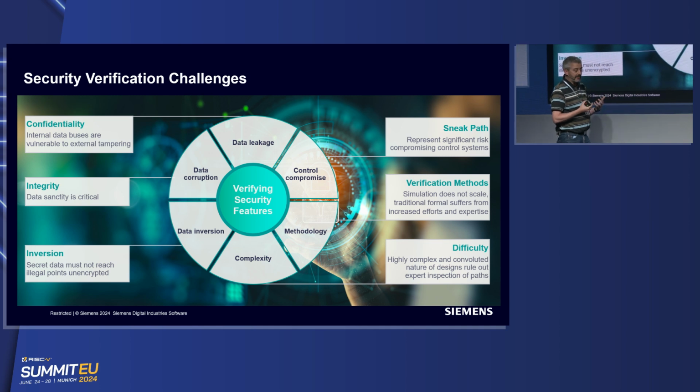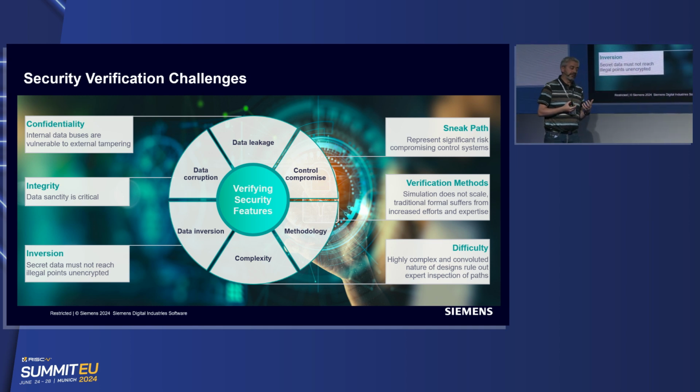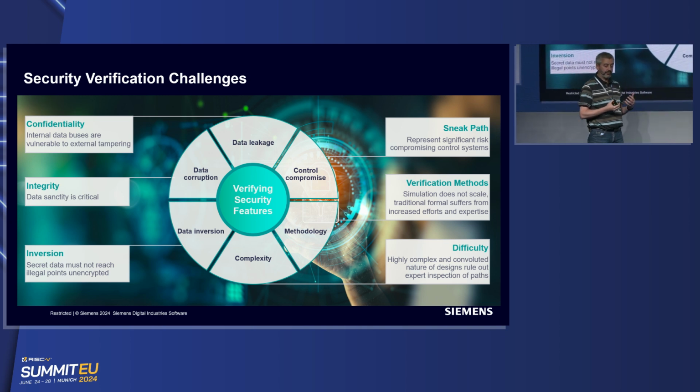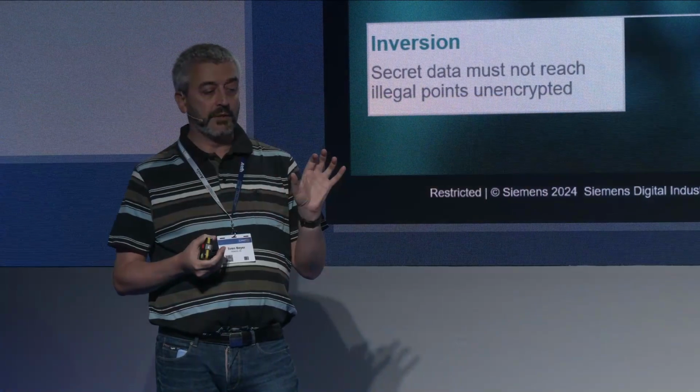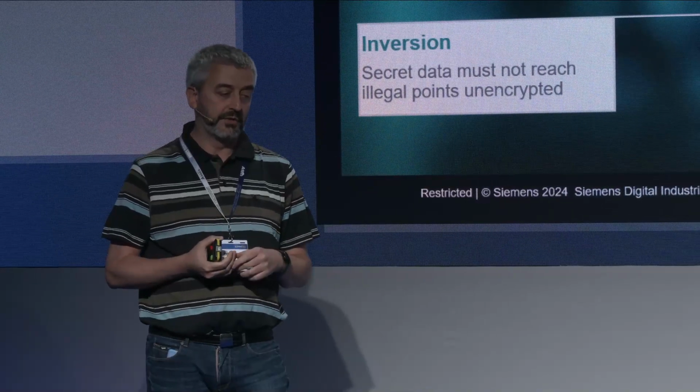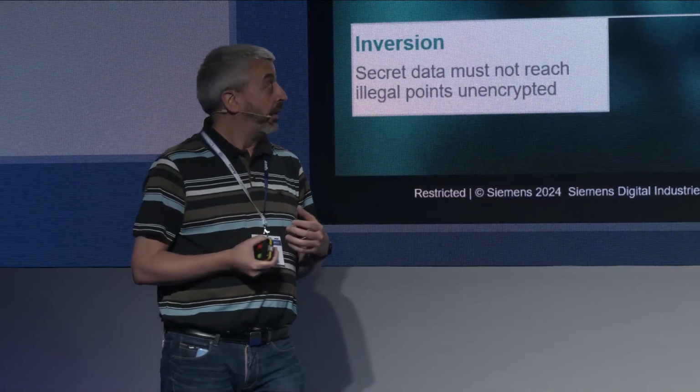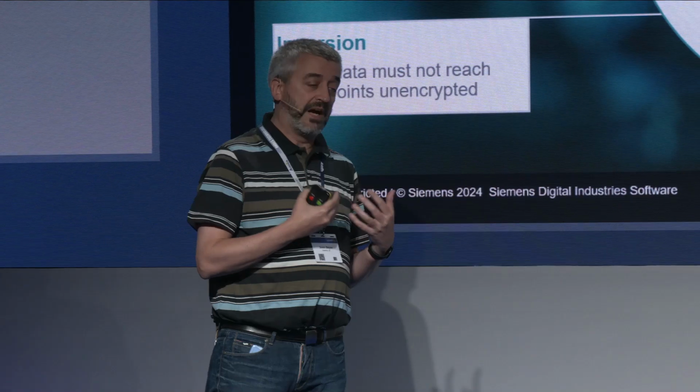And in the same area as data leakage is data inversion. Some outputs that are encrypted will contain some part of the key, but the attacker will not be able to reconstruct the key or the secret data, as it will only be provided in an inverted fashion.